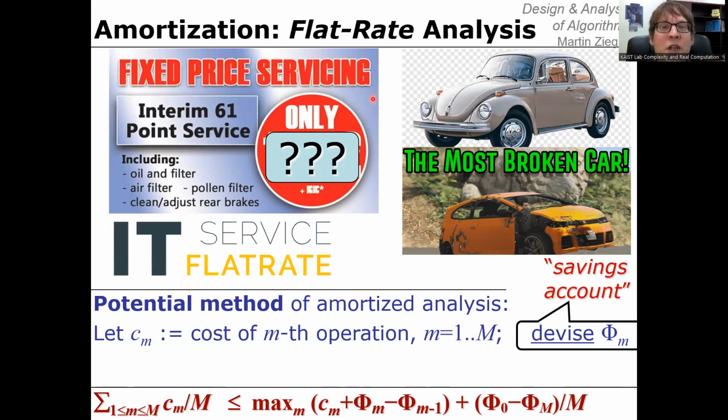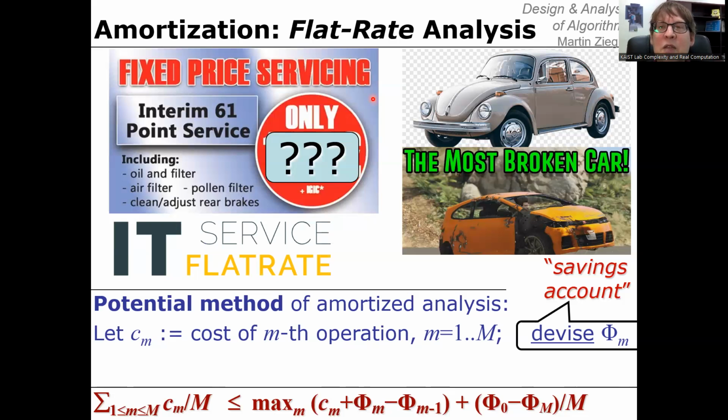And we're here in computer science, so we kind of consider the same for maybe IT flat rate service. Maybe somebody comes with a computer problem and you want to fix it at a fixed price, regardless of what the problem is, regardless of what the computer is.